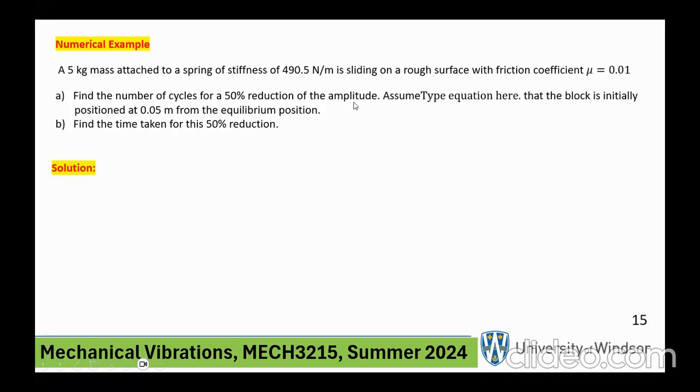So it goes from whatever it was, for example, x naught, to half of x naught. Essentially, that's what it's saying. So suppose that they assume that the block is initially positioned at 5 centimeters or 0.05 meter from the equilibrium position.